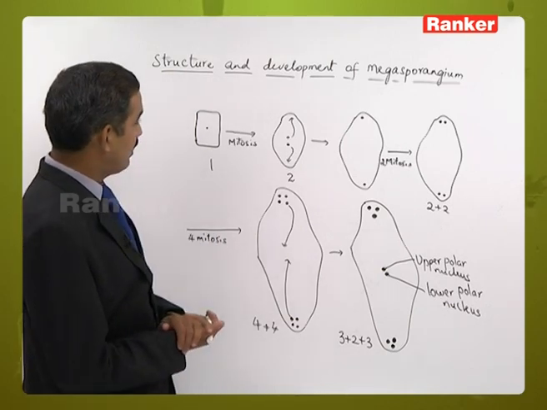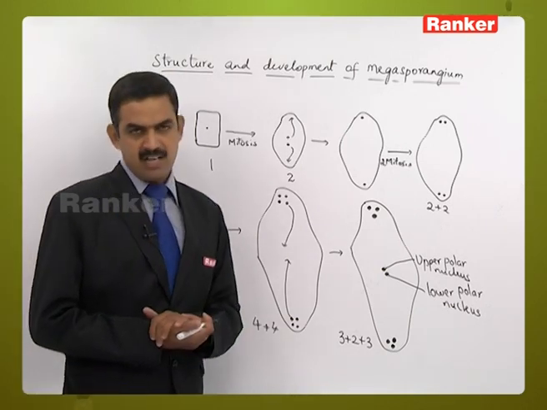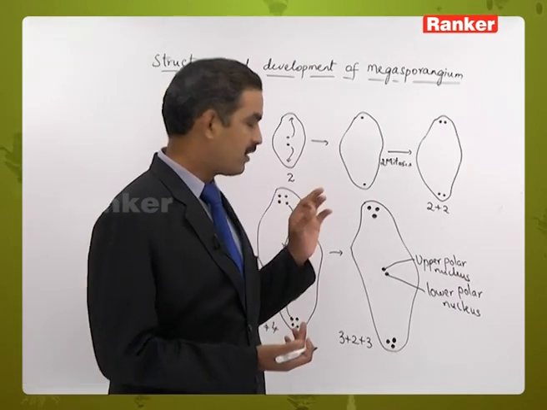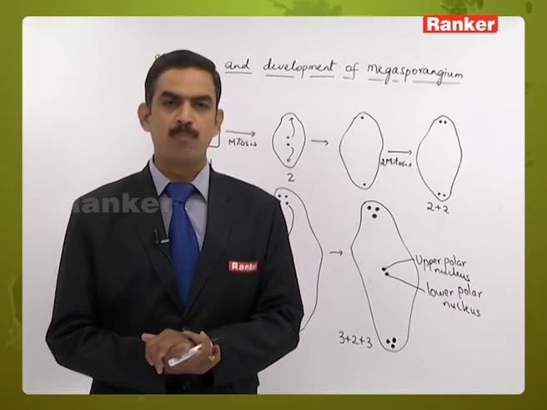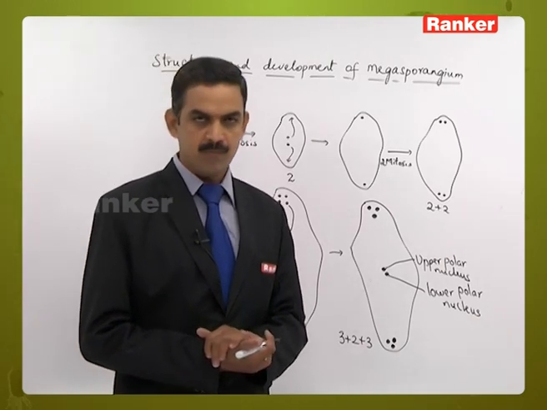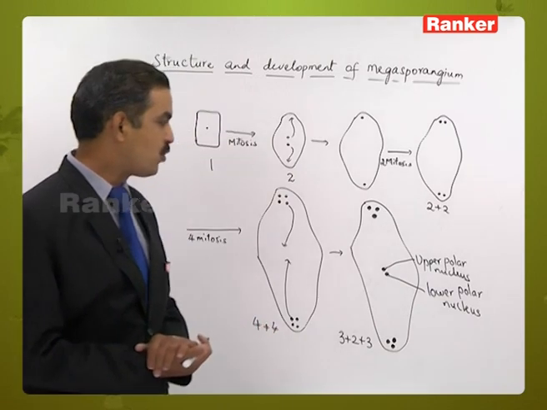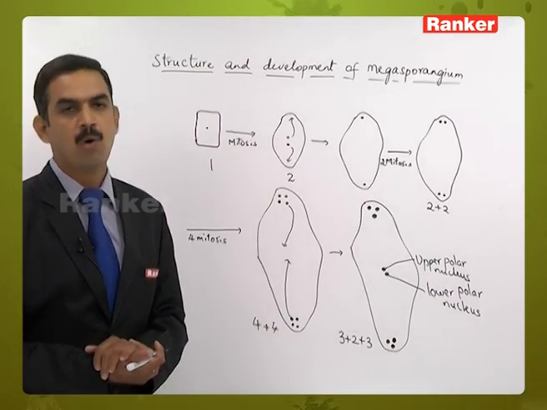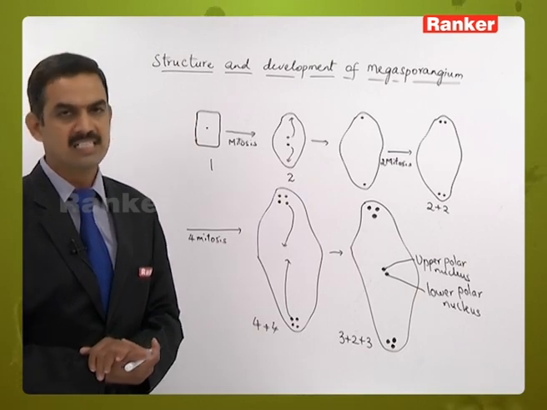So this embryo sac, which contains 8 nucleated structure, this type of structure was first observed in the Polygonum divaricatum plant by Strasburger. So, we call this 8 nucleated and 7 celled structure a Polygonum type of embryo sac.